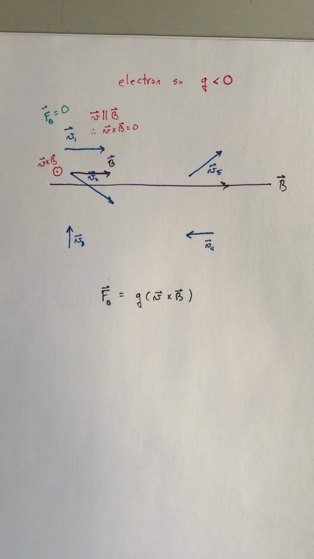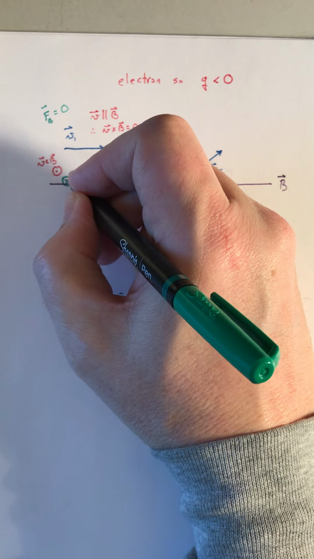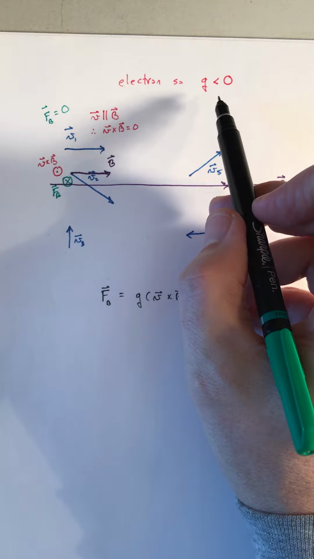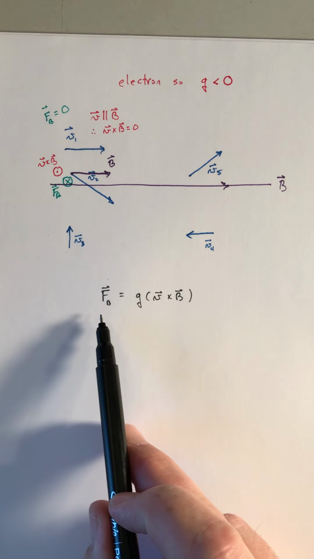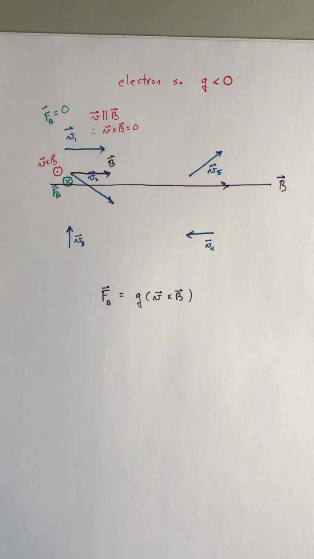And therefore the magnetic force is into the plane of the page for that electron, because the charge of the electron is negative. So the magnetic force points in the opposite direction as V cross B.